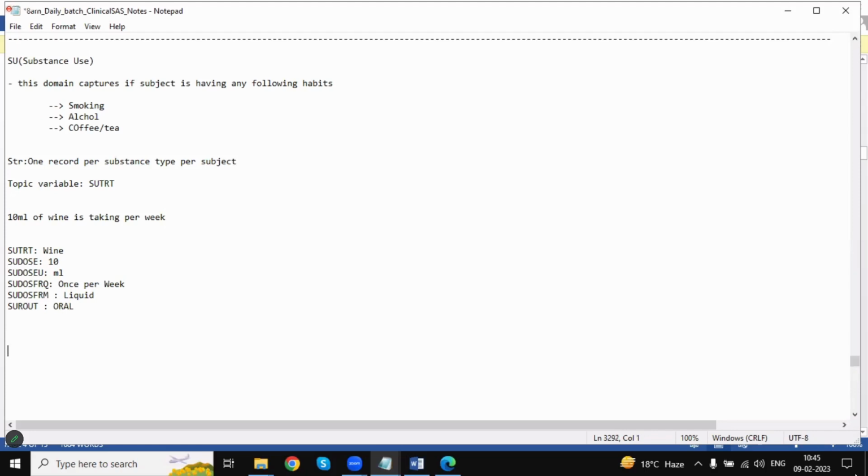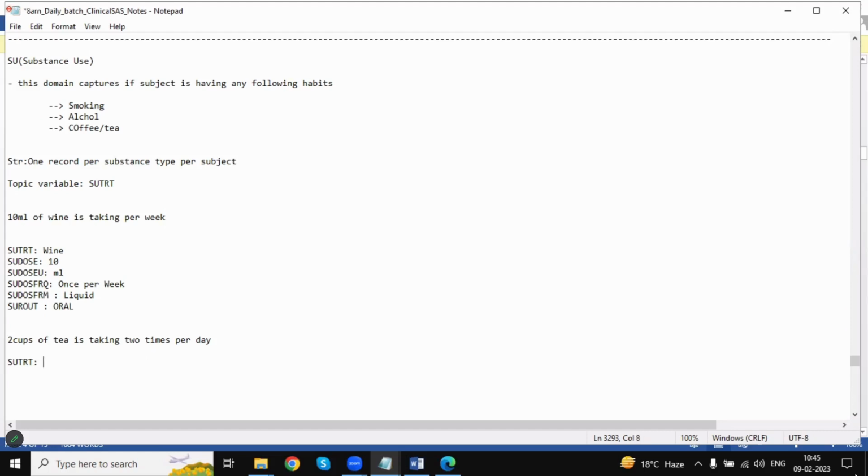I'll give one more example. Can you tell this time? The subject is taking 2 cups of tea, 2 times per day. Now tell me what variables and observations you can take. What is SUTRT?